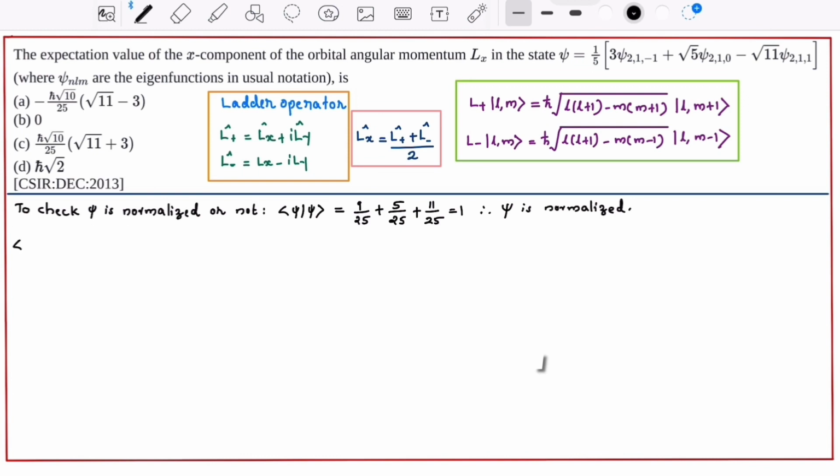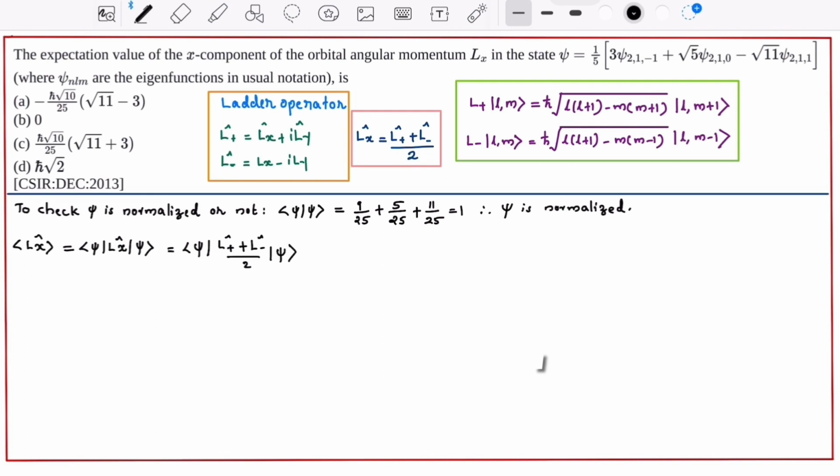Now we have to evaluate the expectation value of Lx. That is equal to the inner product of psi with Lx psi. We can write it as psi, instead of Lx, you have L plus plus L minus over 2, then psi.